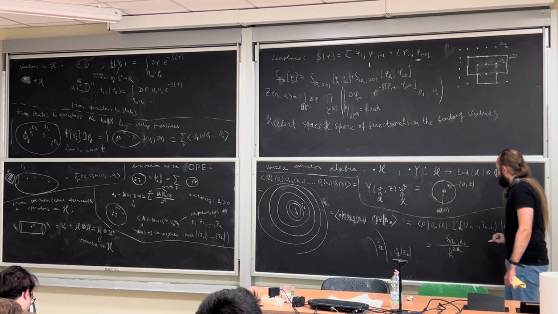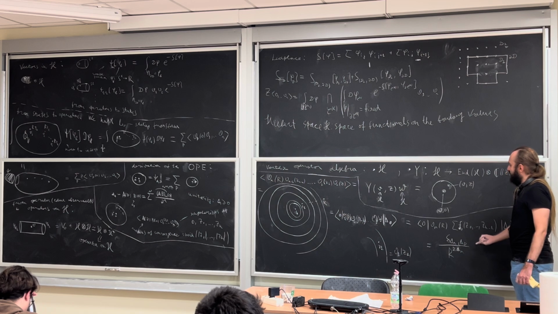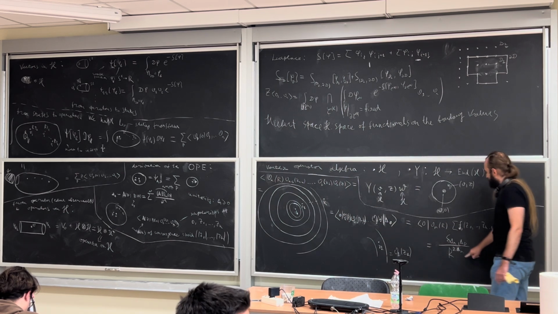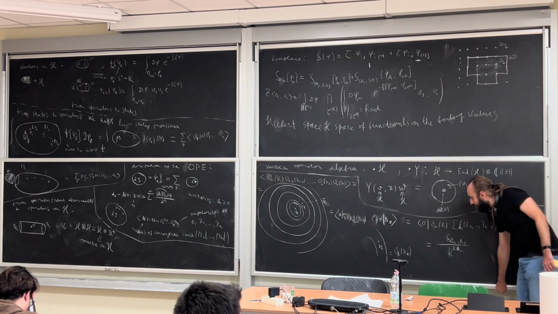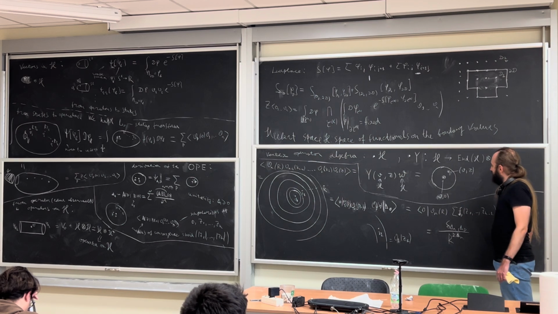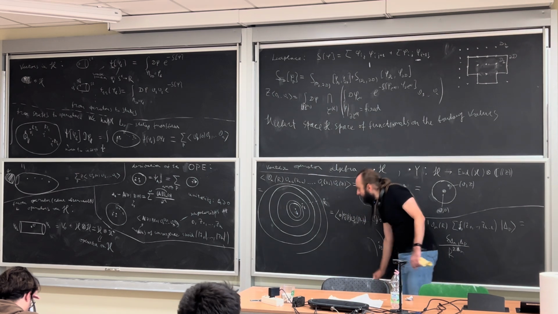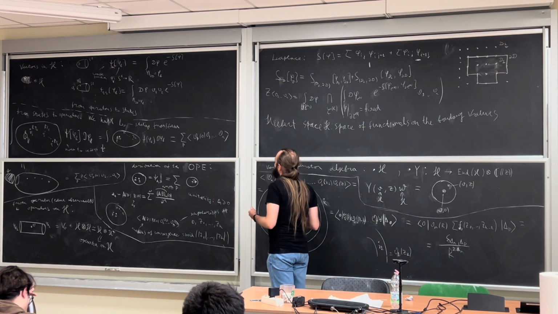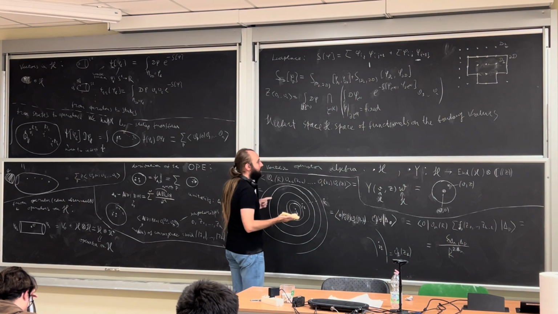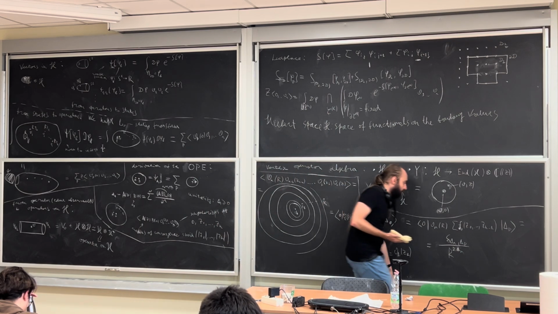So we can now say that if we send R to infinity and multiply this O of R by R to the 2 delta n, it will equal some state at infinity.